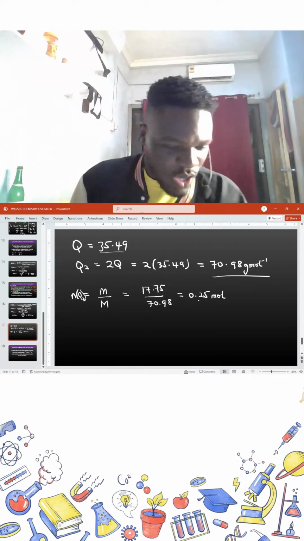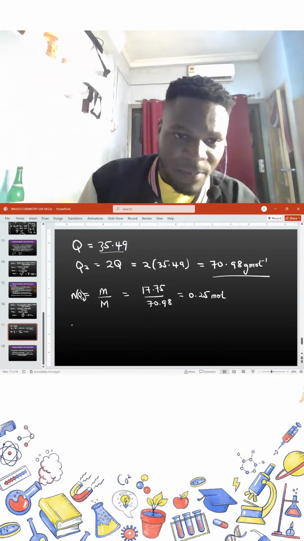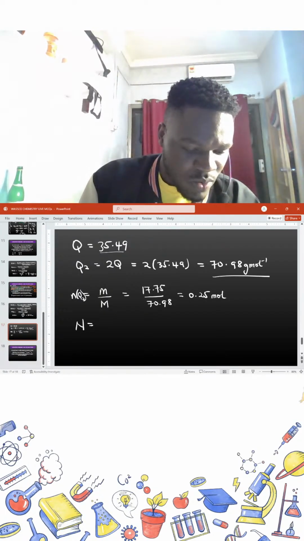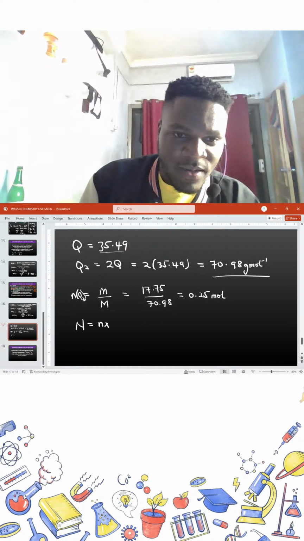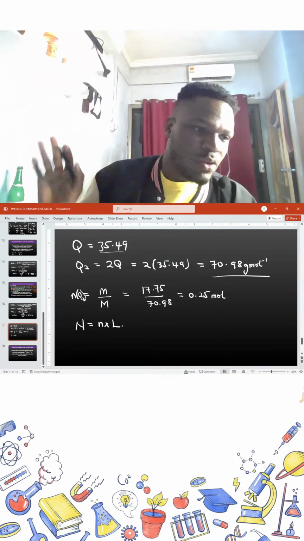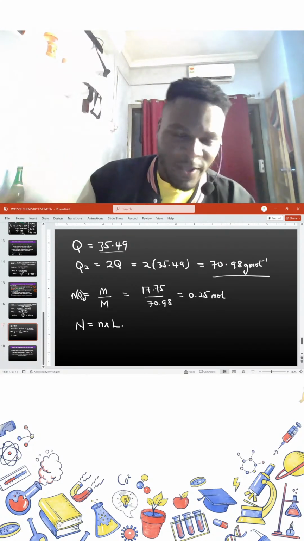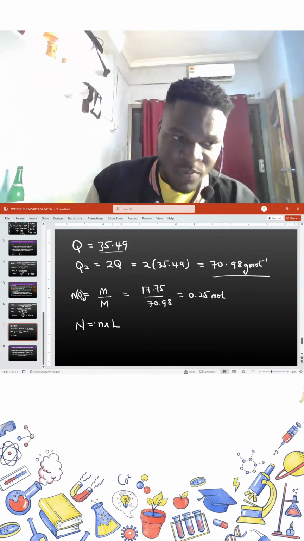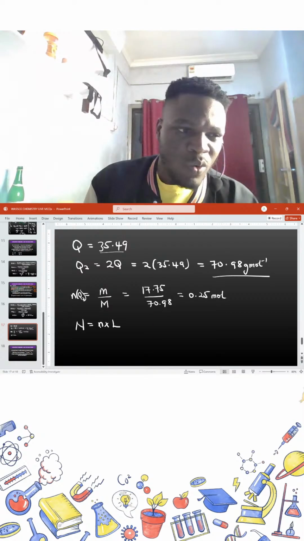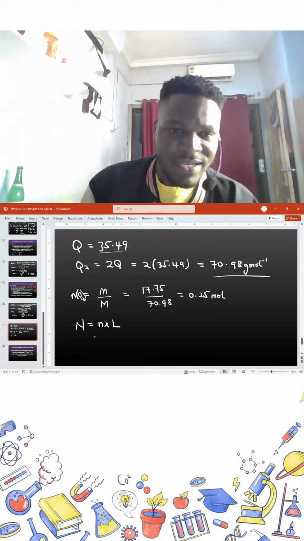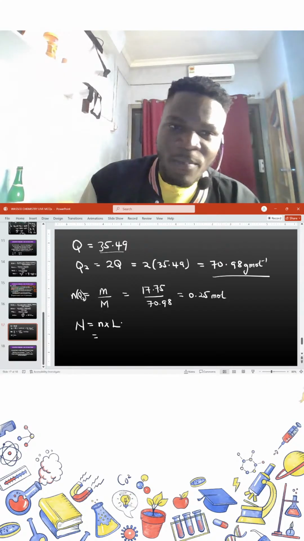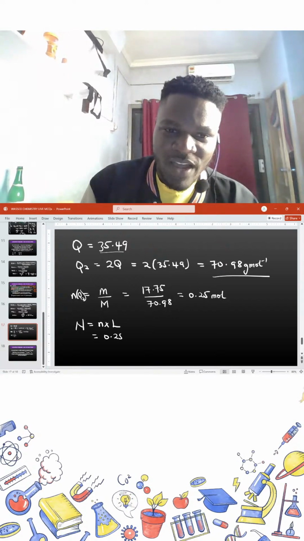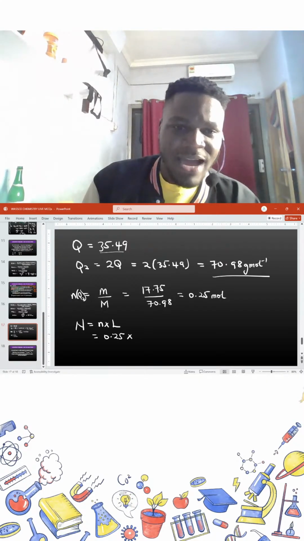Are we okay? So now that we have the mole, the number of molecules, capital N, will be the mole, small n, multiplied by the Avogadro's number, which is capital L. So this will be equal to our mole, 0.25, multiplied by the Avogadro's number.